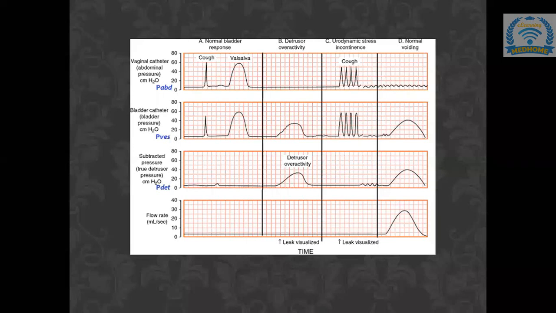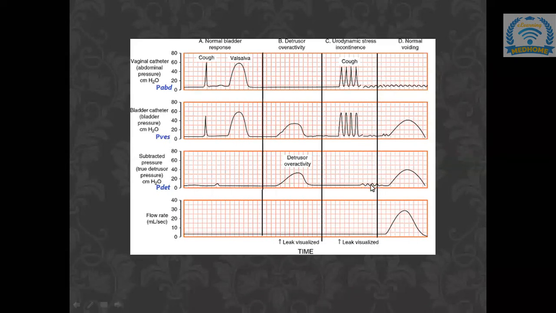So now the urodynamic stress incontinence, we need to understand this. In the stress incontinence, as we told before, the abdominal pressure is going to rise in the filling phase, that is when the patient performs any cough. So the pressure is rising, and at the same time we can see that the pressure is rising in the bladder also, that is the vesical pressure. But there is going to be no rise in the detrusor pressure.